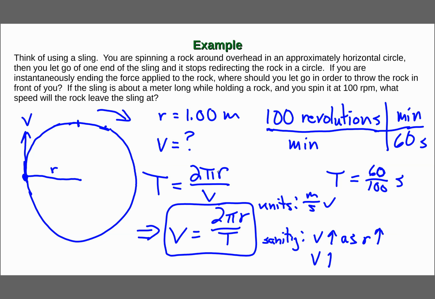And v goes up as T goes down, right? Because it's on the bottom of the fraction. And again, if I travel the same size circle and it takes less time, then I have to go faster, right? So that makes sense. So both of those make sense. So then if we plug in the numbers, we find that v equals 10.5 meters per second.